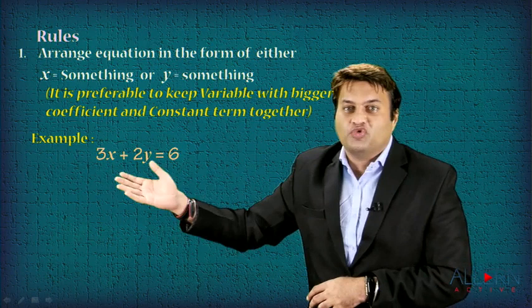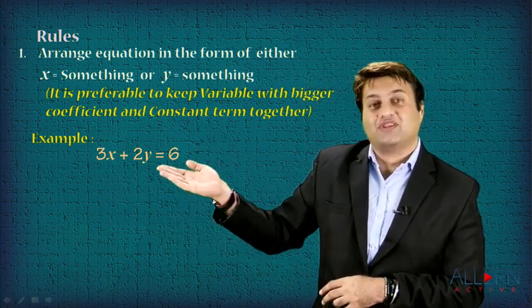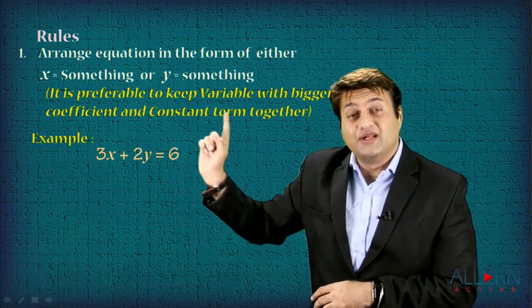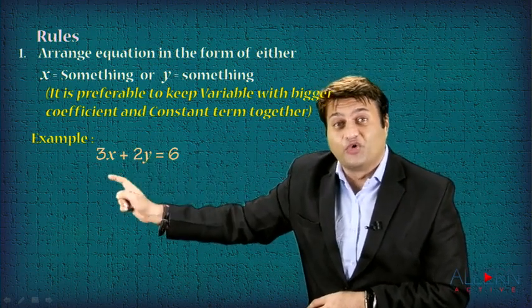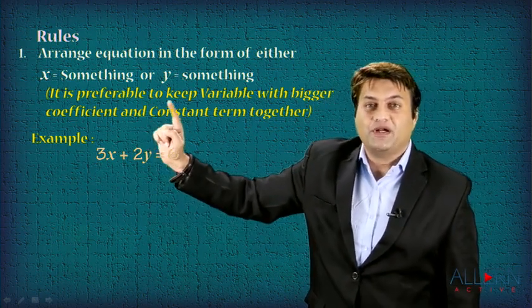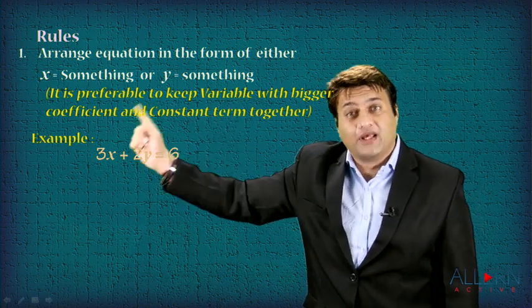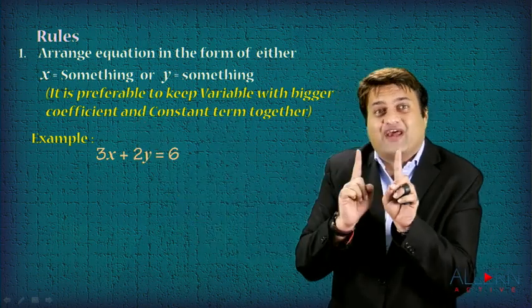That is, you need to shift one of the two variables to the other side along with the constant. It is always preferable to shift the variable with the bigger coefficient to the other side. That's why it is preferable to keep the variable with the bigger coefficient and the constant term, 6 in this case, together.